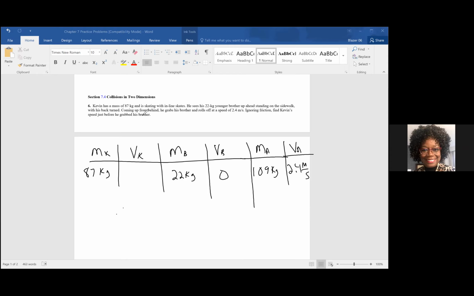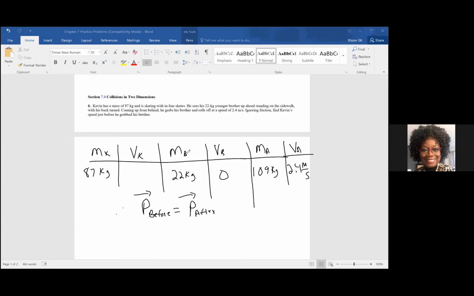So this problem is solved by using the conservation of momentum. Momentum before. Everything moving before must equal everything moving after. And after means after the collision or after the interaction. So what was moving before?